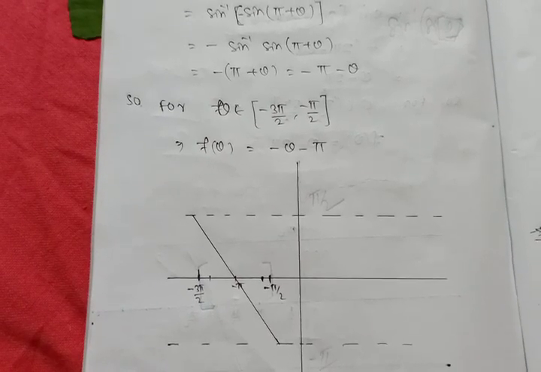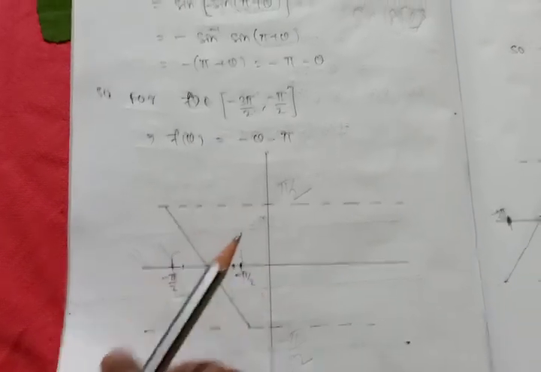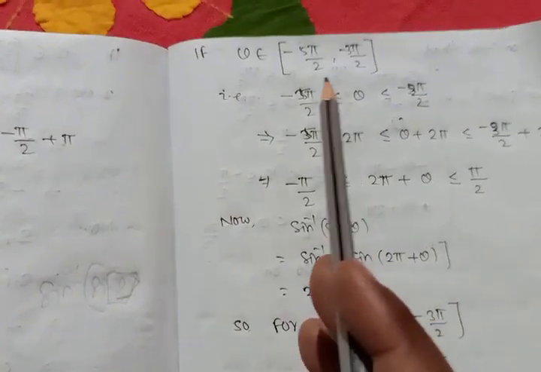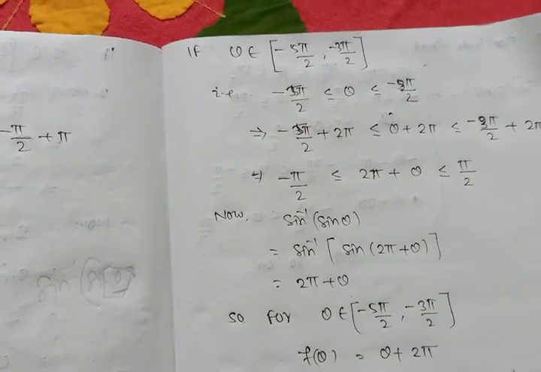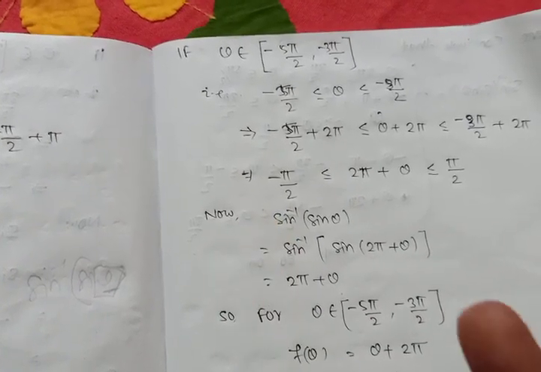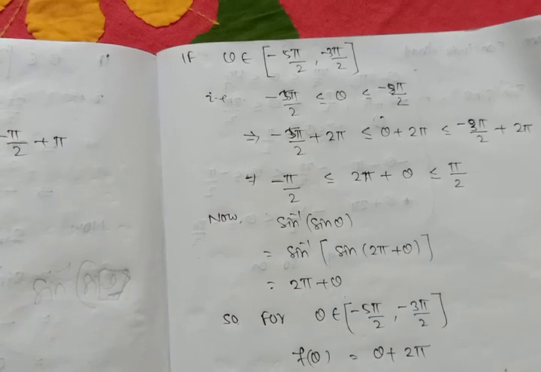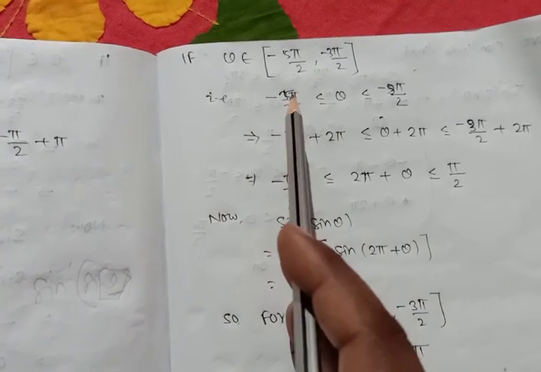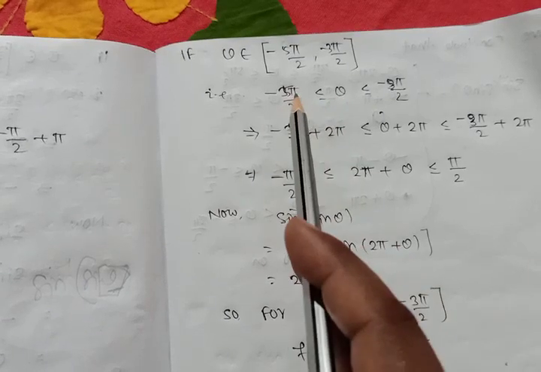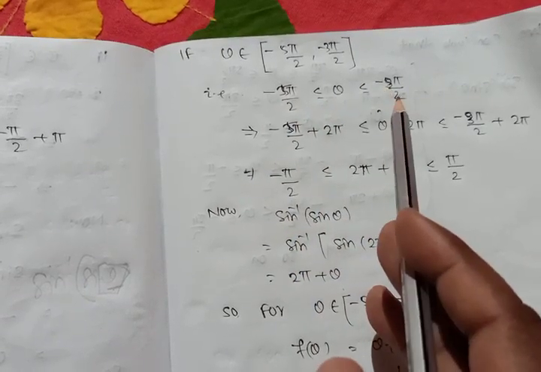Okay, now come to the next question. If theta belongs to minus 5 pi by 2 to minus 3 pi by 2, for this you just try on your own first, then only you see the answer. Okay, here you have theta greater than or equal to minus 5 pi by 2, less than or equal to minus 3 pi by 2.